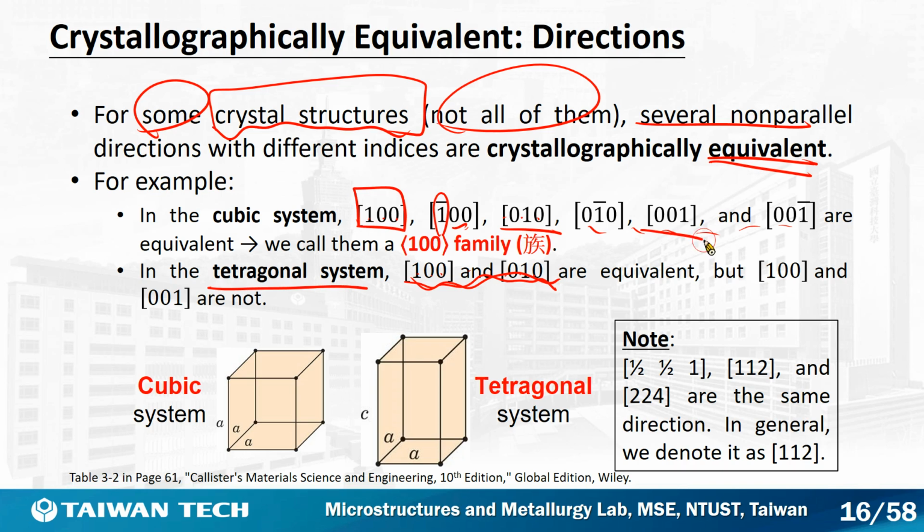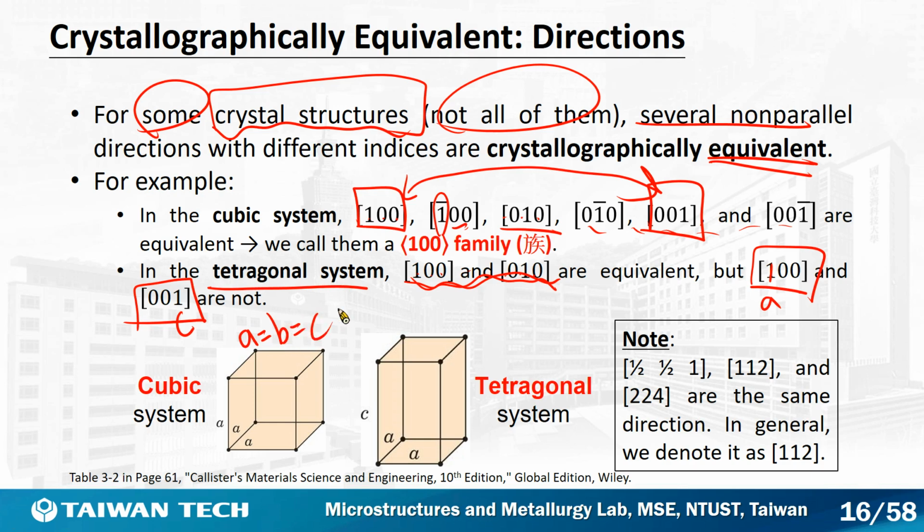But here you can see this one and this one: they are equivalent for cubic, but not for tetragonal, because one stands for the a unit length of the crystal structure and c stands for the c unit length of the structure. And for cubic, a equals b equals c.